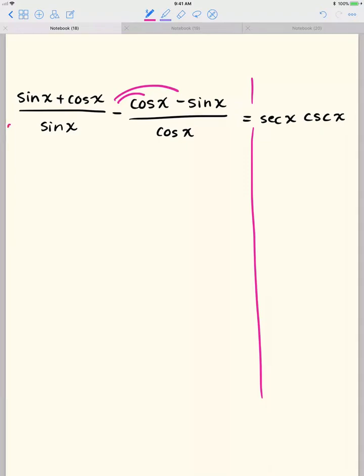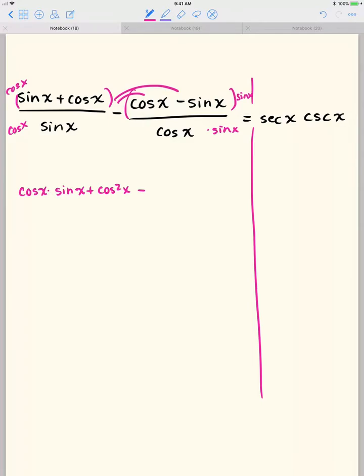So I'll multiply sine x to the top. Nope, cosine, not sine. Apologies. So I'll do cosine of x to the right fraction, and then I'll do sine x to the right fraction, cosine to the left fraction. So my left fraction is cosine times sine plus cosine squared.